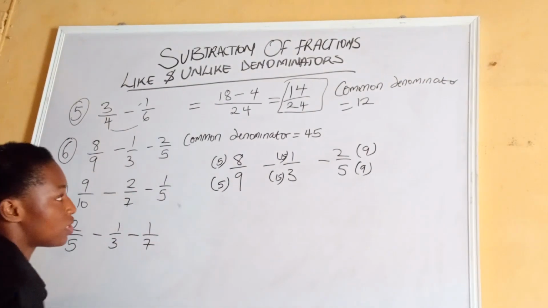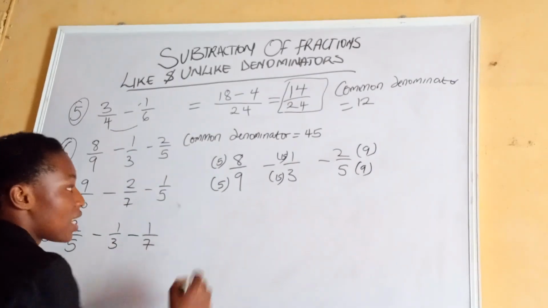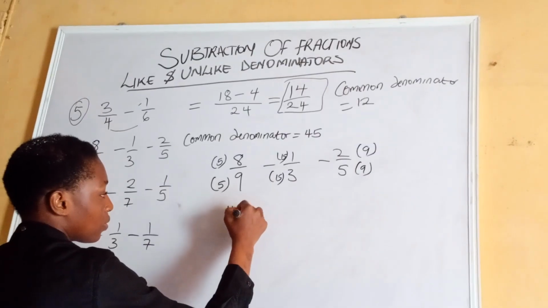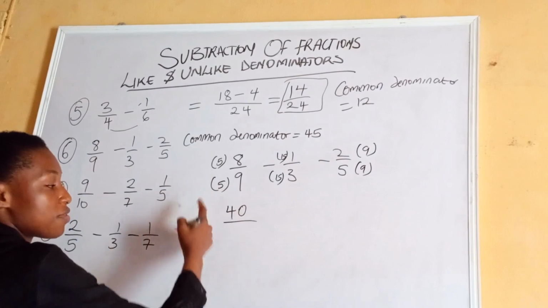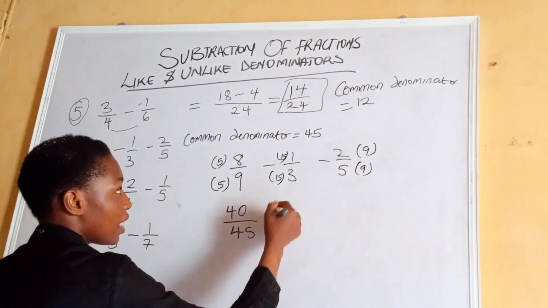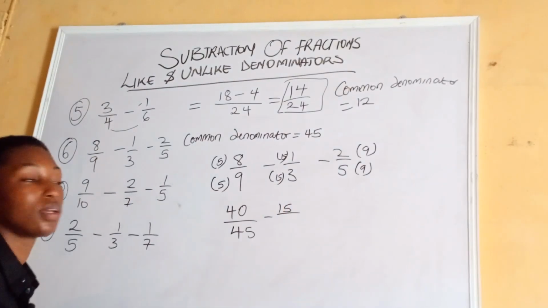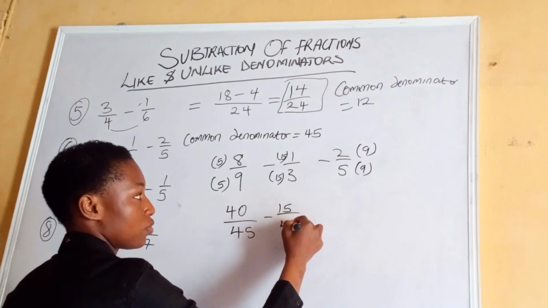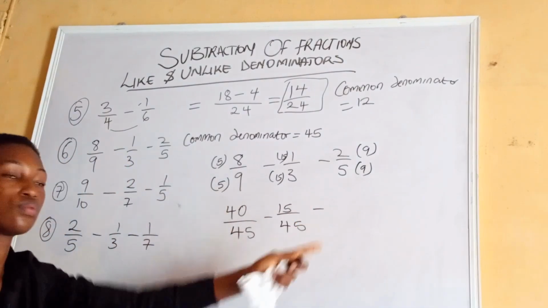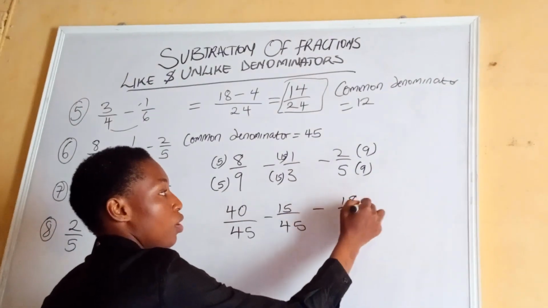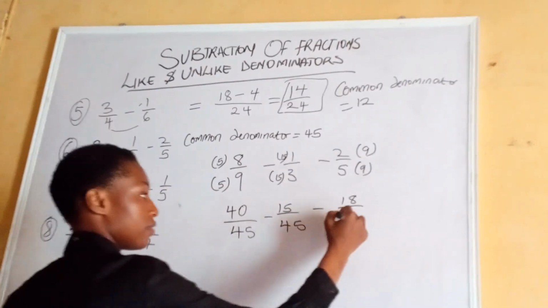So when you simplify all this, you have 8 times 5, that's 40, all over 9 times 5 is 45, minus 15 times 1, which is 15, all over 15 times 3, that is 45 too, minus 9 times 2 is 18, all over 9 times 5 is 45.